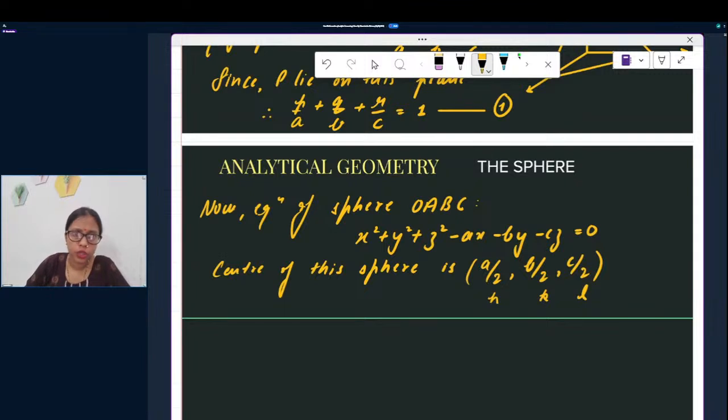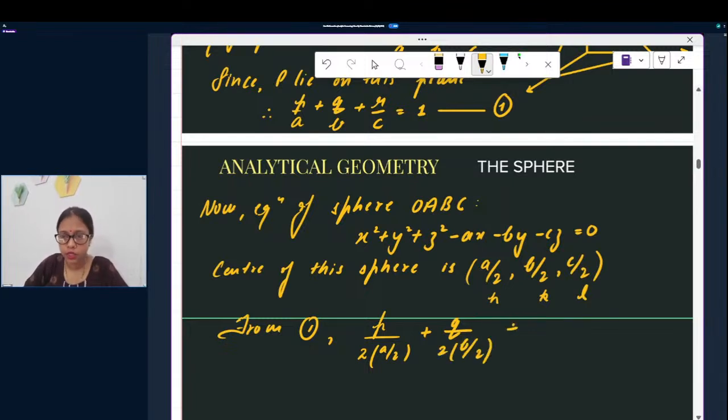I can change them to a by 2, b by 2 and c by 2. Just divide by 2. So from 1, I can write: if I divide by 2, then I have to multiply by 2, right? So it is going to be p divided by 2 into a by 2, plus q divided by 2 into b by 2, plus r divided by 2 into c by 2 is equal to 1.